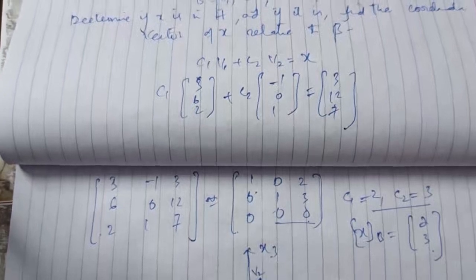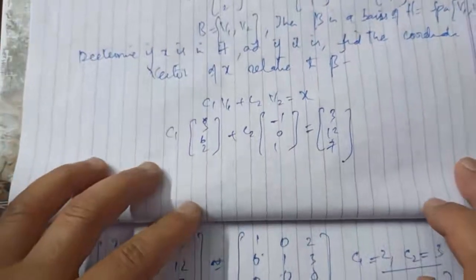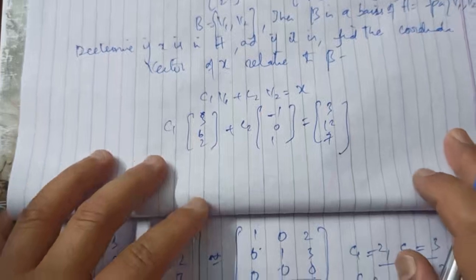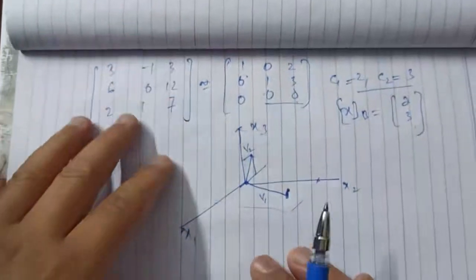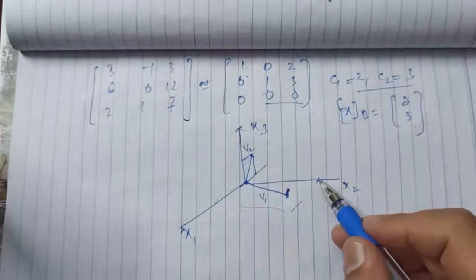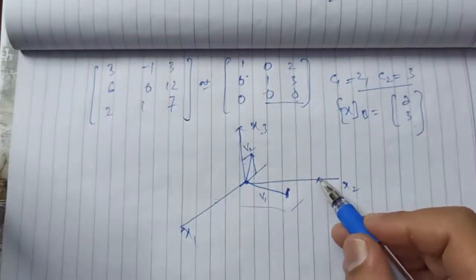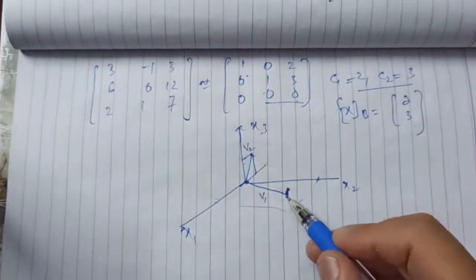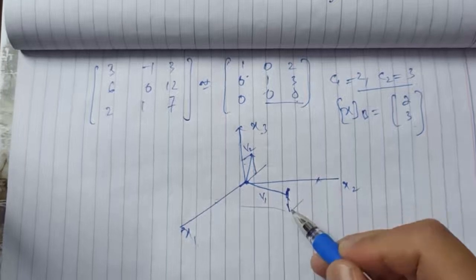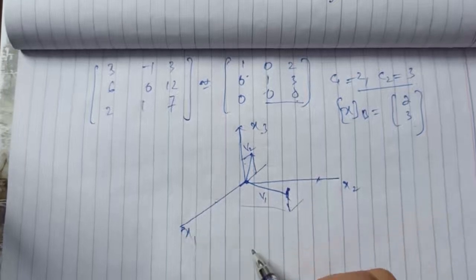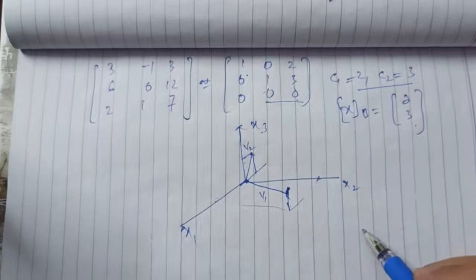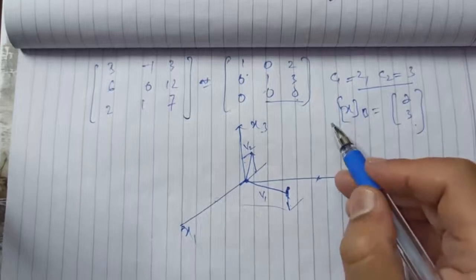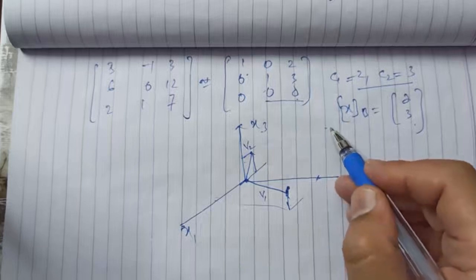Now again, x is actually 3, 12, and 7 in the standard basis, so somewhere 3 here, 12 here, and 7, so somewhere on the top here.